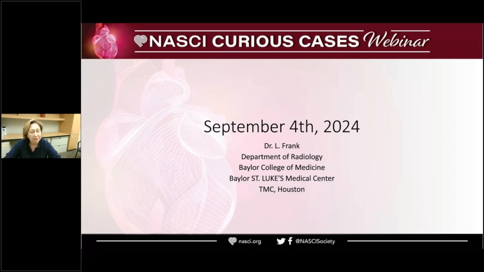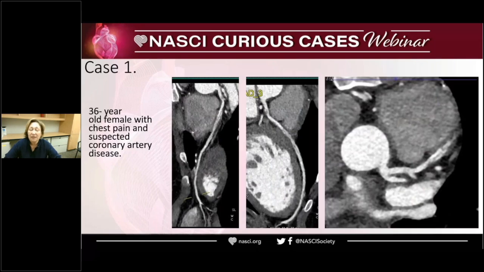So this is my first case, case number one, a 36-year-old female with chest pain and suspected coronary artery disease. She came with elevated troponins and really persistent chest pain. Unfortunately, I cannot scroll through the images, but I chose those static images that are best and representative of the pathology.